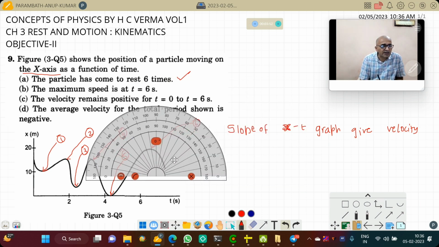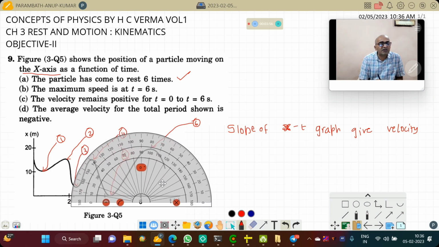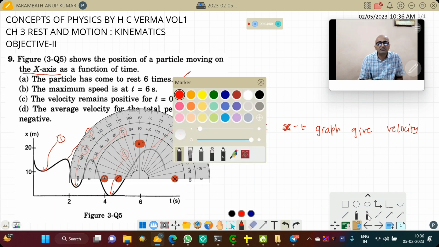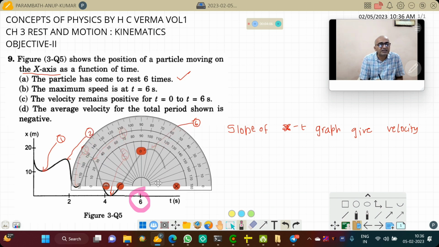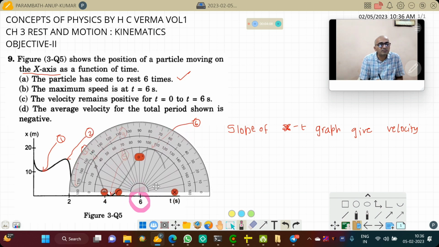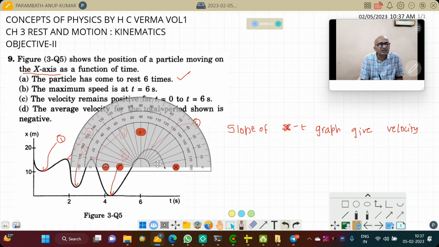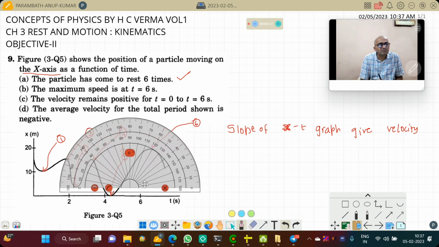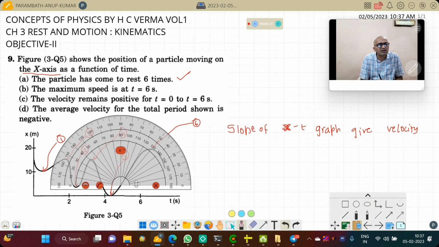Here I am having a protractor, students. He is saying that at time t equal to 6 seconds. You are able to see this is the time t equal to 6 seconds. At that location, let us see what the slope is. We can identify the slope at that location just by looking at this curve.